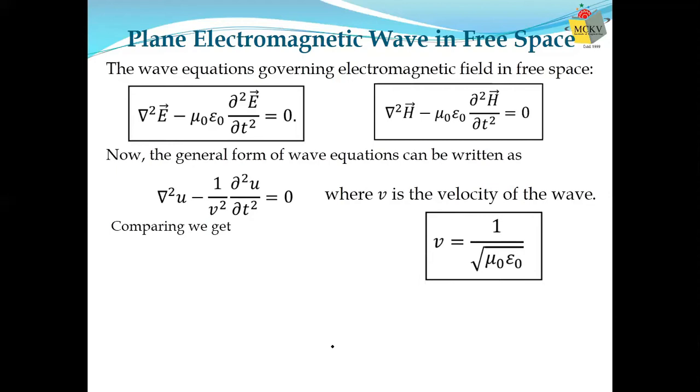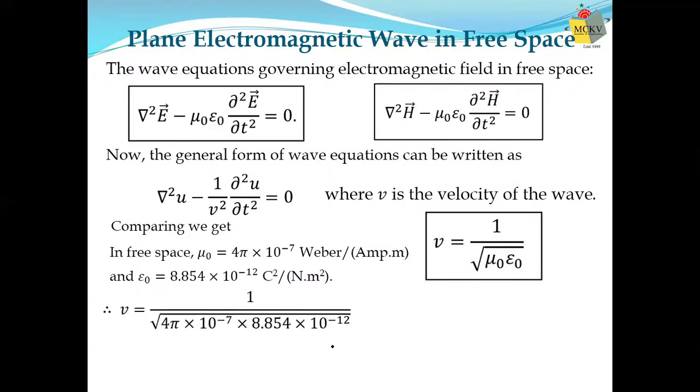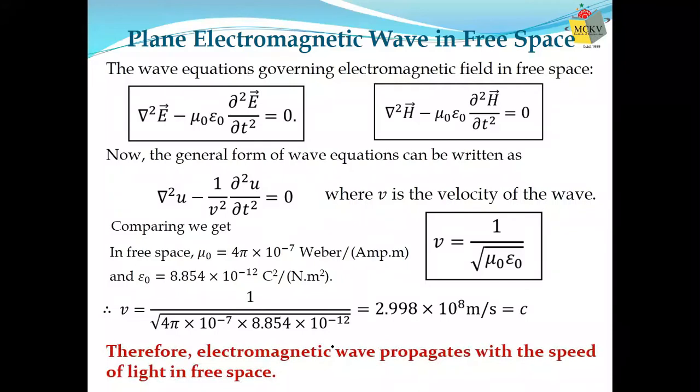Whenever you use Coulomb's law or Gauss law, epsilon naught comes. But now these two are associated in such a way that if we put the values, we get V as the velocity of light in free space, precisely the velocity of light in free space. That's why we can say that this electromagnetic wave propagates with the velocity of light in free space.